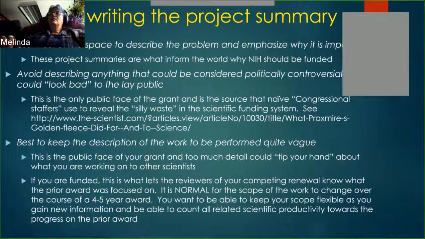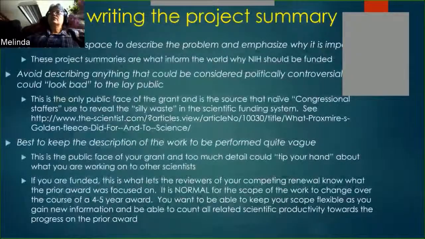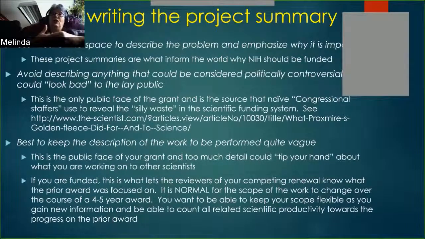And the thing about the project summary is that it's pretty much never read by the reviewers, except in the competing renewal situation or in a grant resubmission. It's not the piece that the reviewers are going to be looking at. It's generally not the piece that a lot of people at NIH program look at.